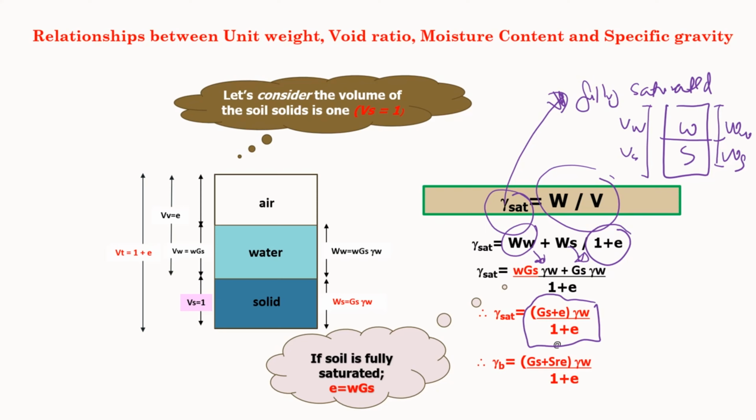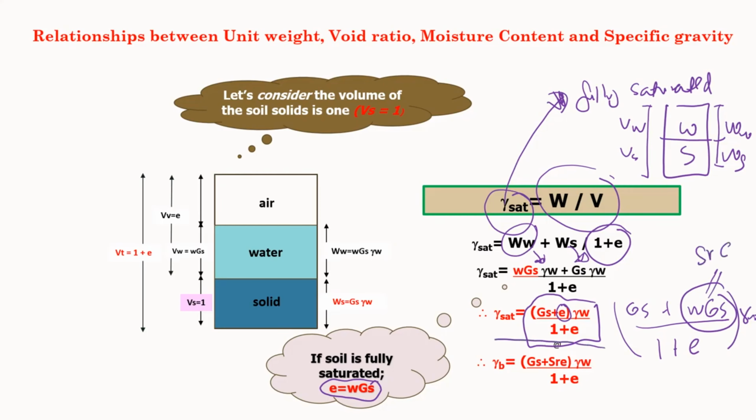For fully saturated soil, e is equal to wGs, so you can also use that equation. If you convert this, you get Gs plus wGs over 1 plus e times gamma w. This wGs for partially saturated soil is equal to Sr e, so you can also have another equation for bulk unit weight.